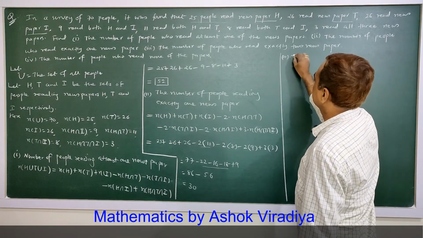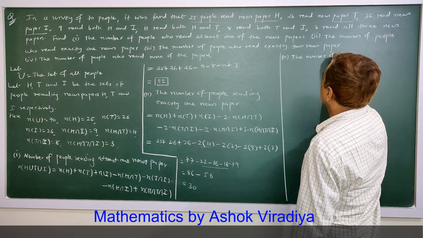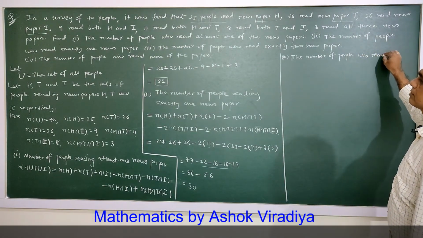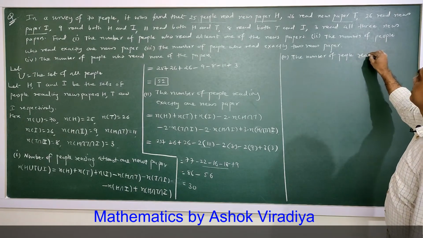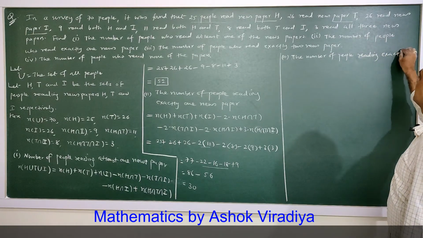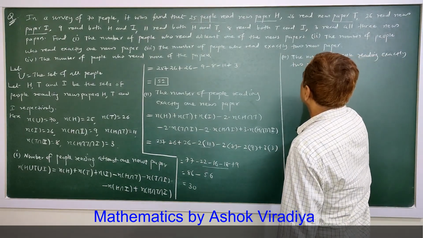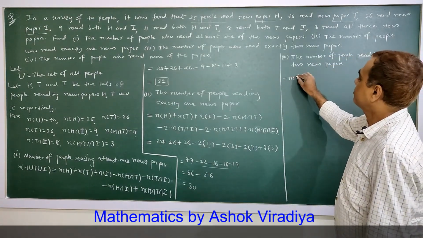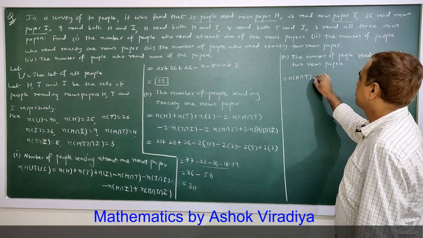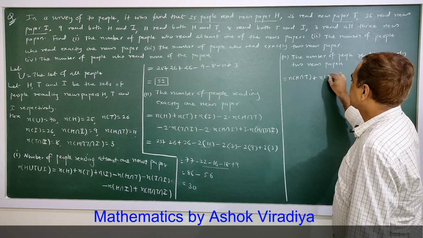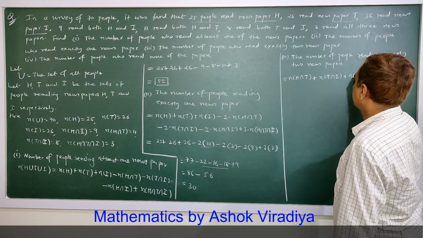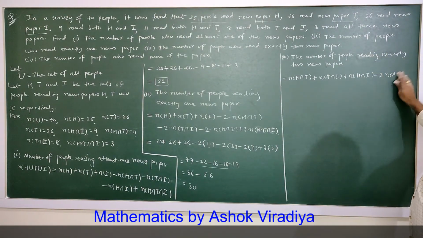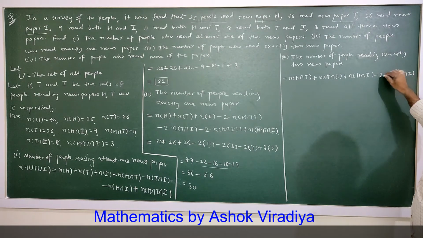The number of people reading exactly two newspapers is equal to the number of elements in H intersection T plus n of T intersection I plus n of H intersection I minus 3 times n of H intersection T intersection I.